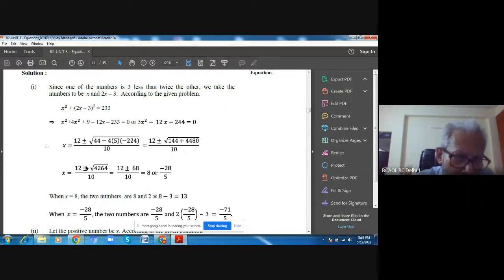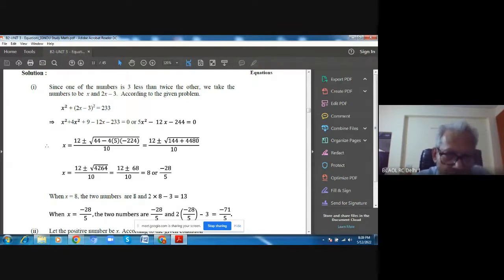If you consider the plus, some value will come. If it is a minus, another value will come. So first consider the plus: 12 plus 68 by 10, it is coming 8. Or if you consider the minus, this value is coming. Both ways, these are the roots, or you can say alpha and beta, or the x value.